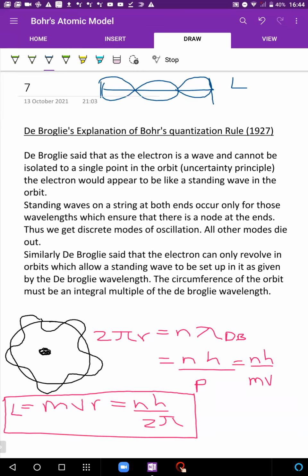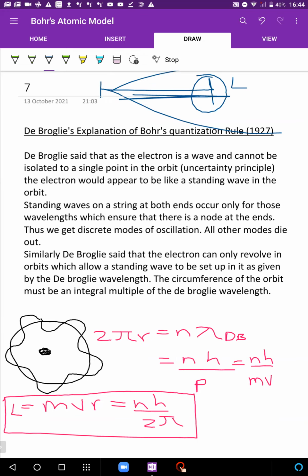So 2L by N, only these wavelengths are allowed, because in only these modes of oscillation the end point behaves as a node. Why can't lambda be 5L? Lambda cannot be 5L because then a node will not appear here, right? So even in waves on a string, the other modes of oscillation automatically die out.